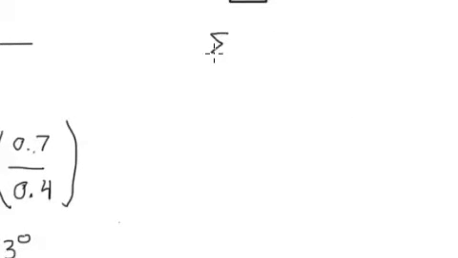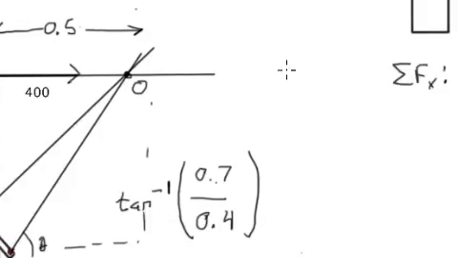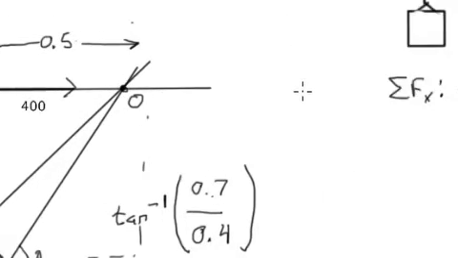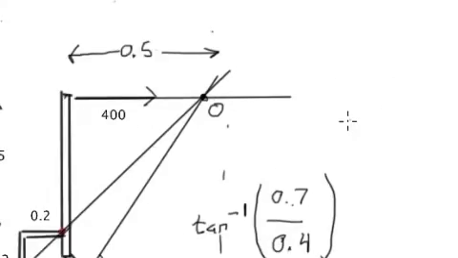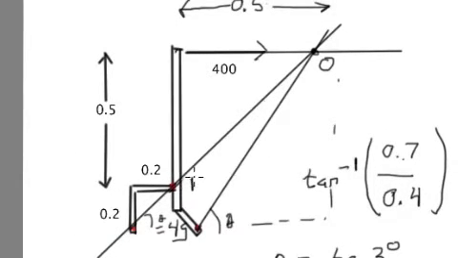We can write our sum of the forces equation, sum of the forces in the x direction. We've got 400 newtons, and that's this force. We've got plus sine of 45 times F1. We're going to label this F1. This is the reactive force. It's going to be directed towards the apex of the teepee, and we'll label this F2. So F1 has an angle of 45 degrees.